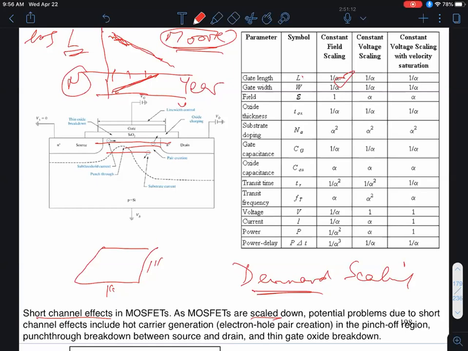So what Dr. Dennard said is you can't just scale down the horizontal channel length and leave everything else intact. You have to reduce all the dimensions in concert by the same factor. That's the essence of the Dennard scaling law. So he said, if I reduce the channel length by a factor of 2, I have to make my source drain junction depth lower by a factor of 2.